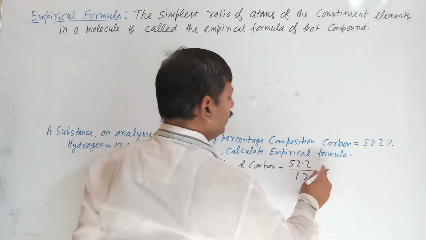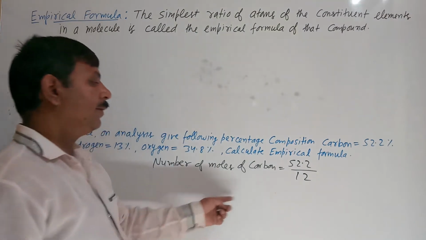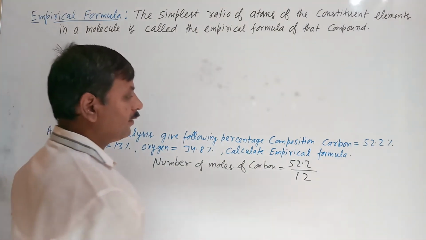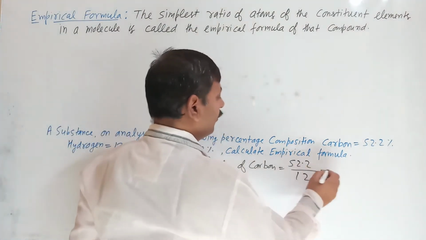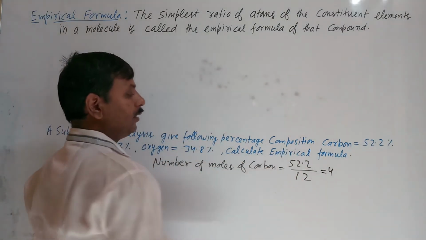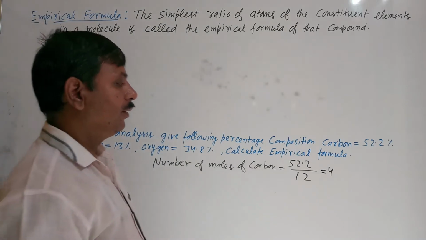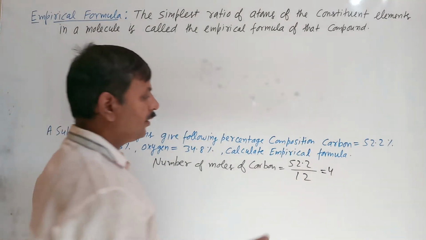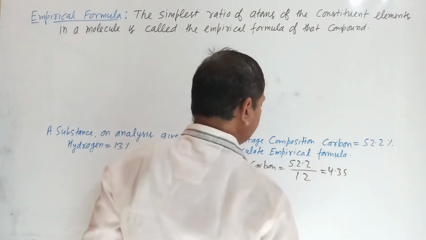So 52.2 upon 12 will be the moles of carbon. Simply, 12 4s are 48, so this will come around 4.35.